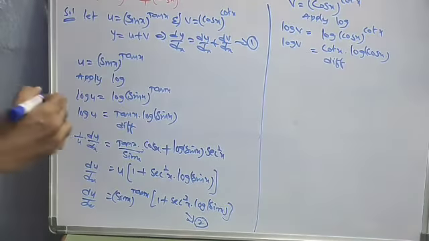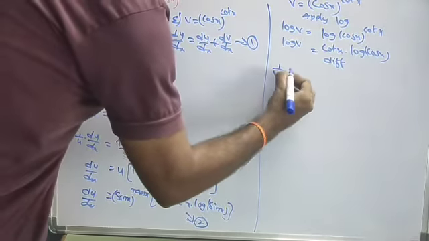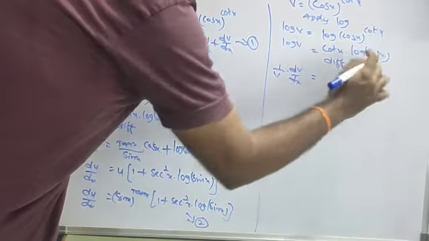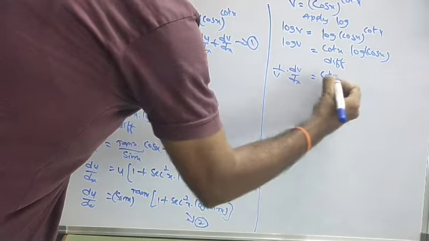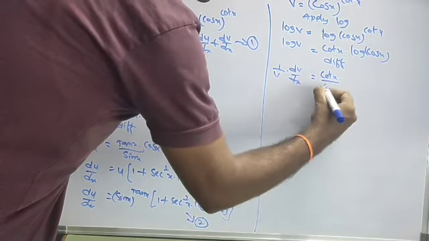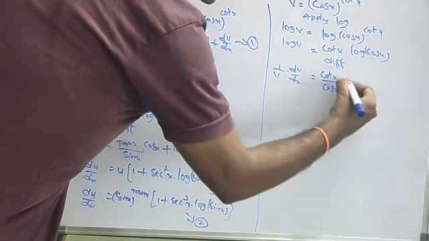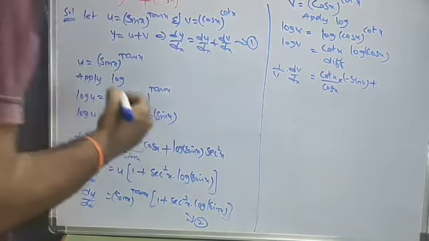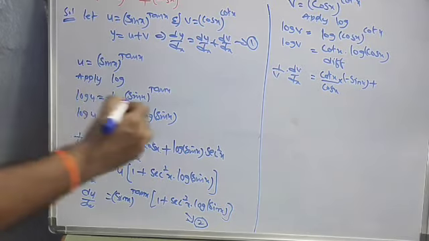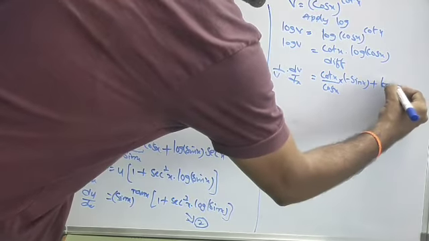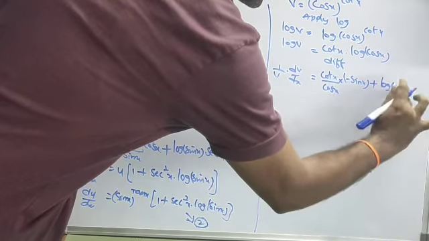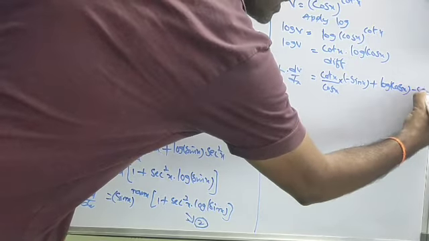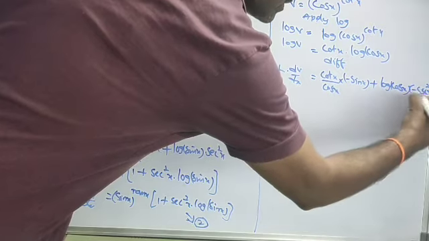Differentiate: 1 by v into dv by dx. Here we use the uv formula: cot x into the differentiation of log of cos x, which is minus sin x by cos x, plus log of cos x, I am not doing anything, into cot x differentiation, which is minus cosecant square x.